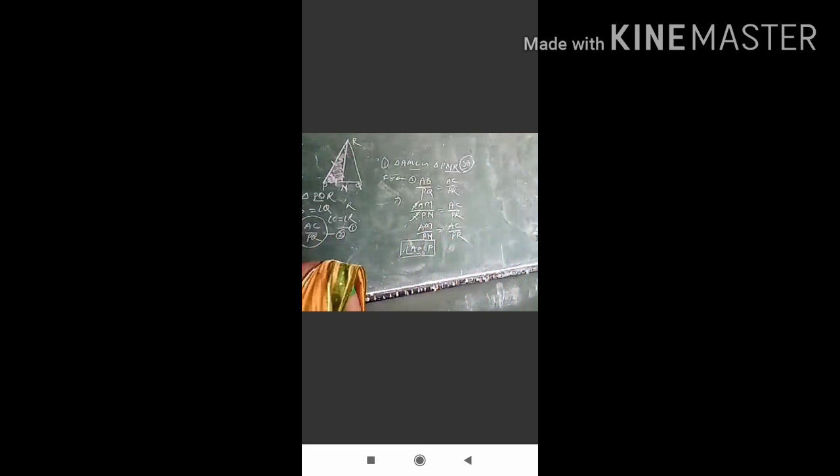Now let's see the third part first, because the first and third parts are both similar. In the first part we wrote this type of triangle, and for proving the third part we write this one.